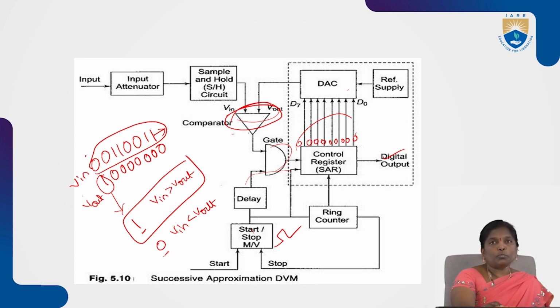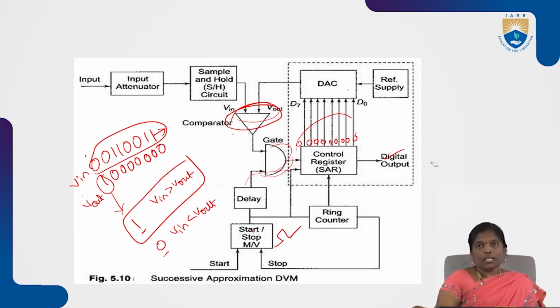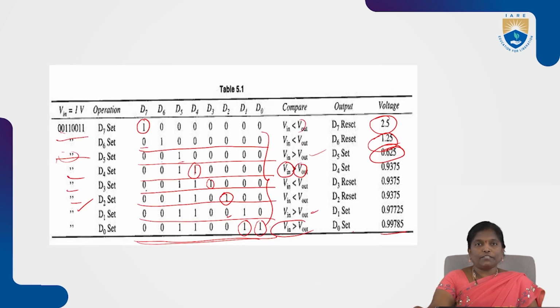Whenever input and output both are the same, then the gate will be opened and the multivibrator can send the number of clock pulses through this SAR, and finally with the help of the counter we can count the number of clock pulses. That digital information will be displayed on the digital output. This is the successive approximation type of DVM.